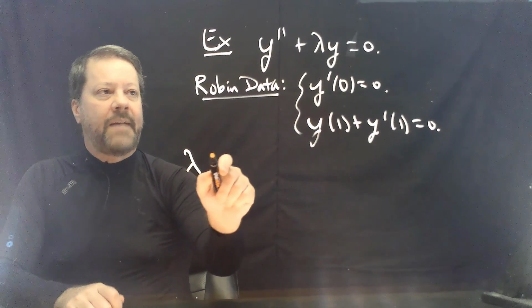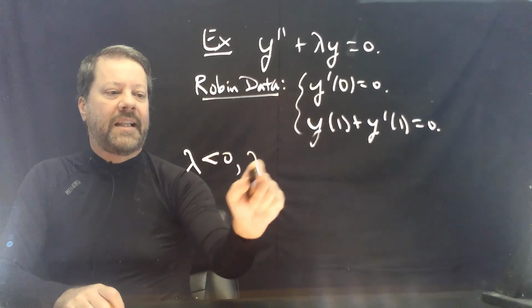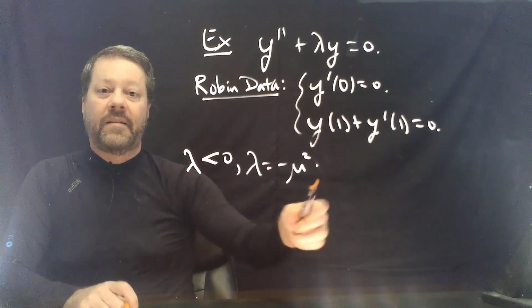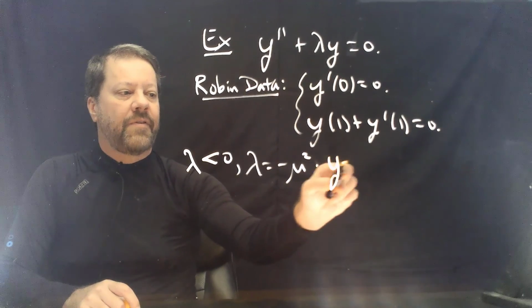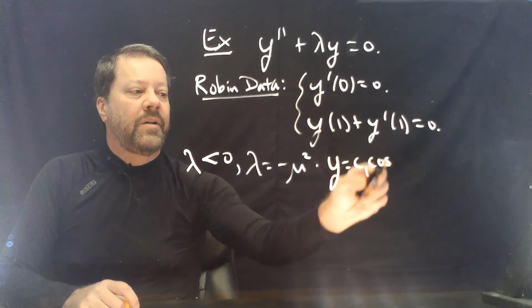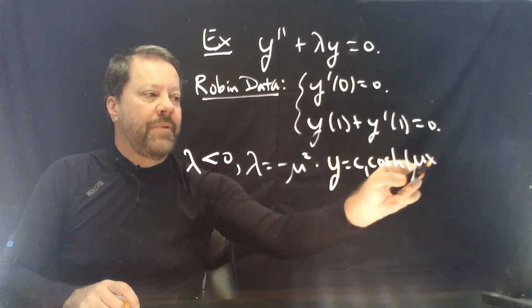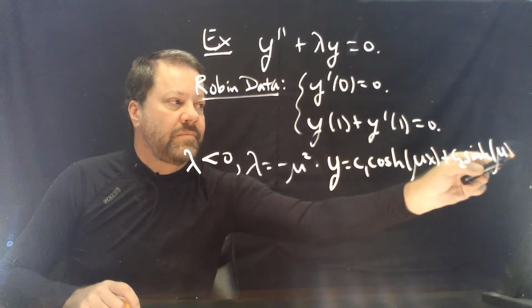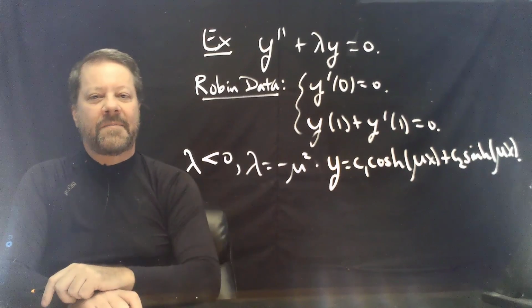If lambda is less than 0, we'll set lambda to be minus mu squared. That gives us a general solution of the form c1 cosh of mu x plus c2 sinh of mu x.